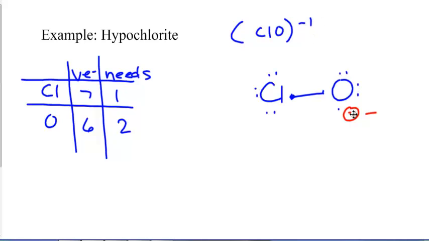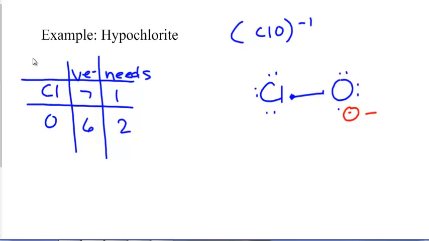So basically, we've added an electron, and we've seen that hypochlorite has one bond between chlorine and oxygen. Chlorine already had an octet. Oxygen did not have an octet, so we had to add just one electron to give it the -1 charge.